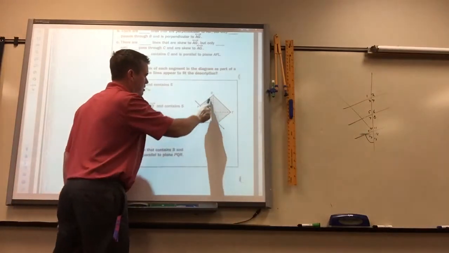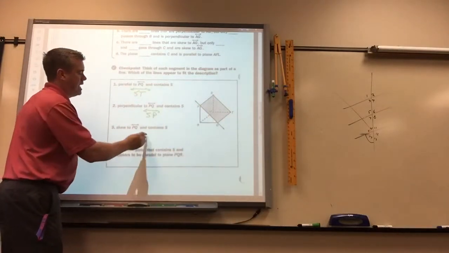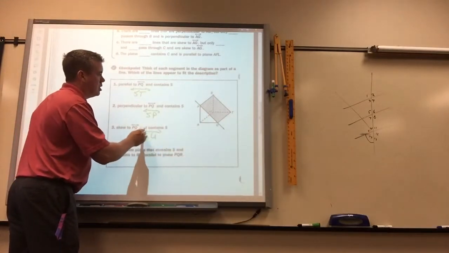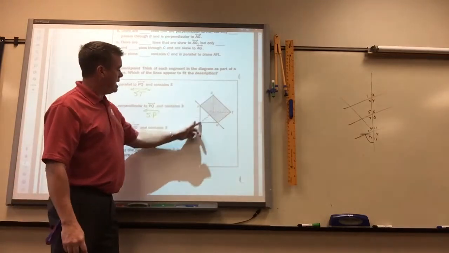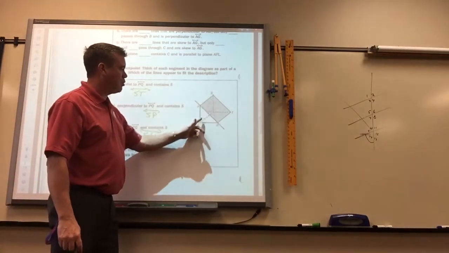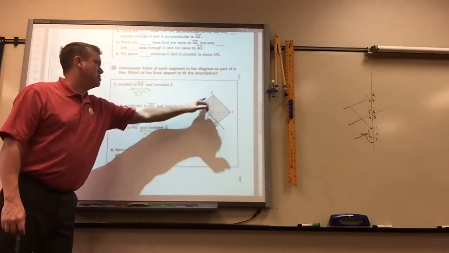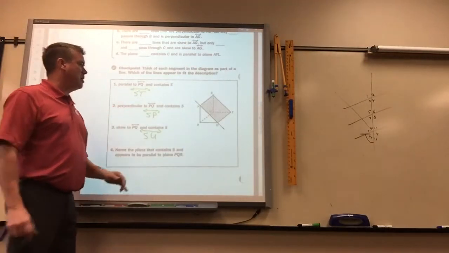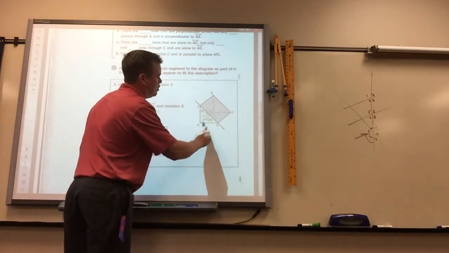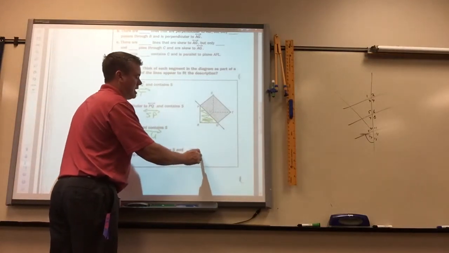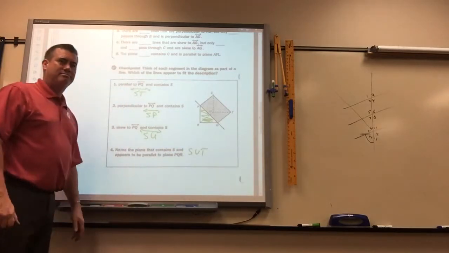Skew to PQ containing S: SU, or you could say SR. That wouldn't touch it. Name a plane that contains S and appears to be parallel to plane PQR: plane SUT. Okay?